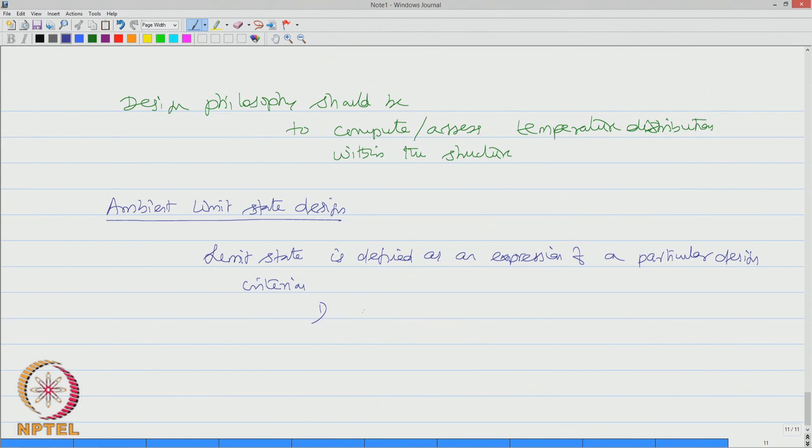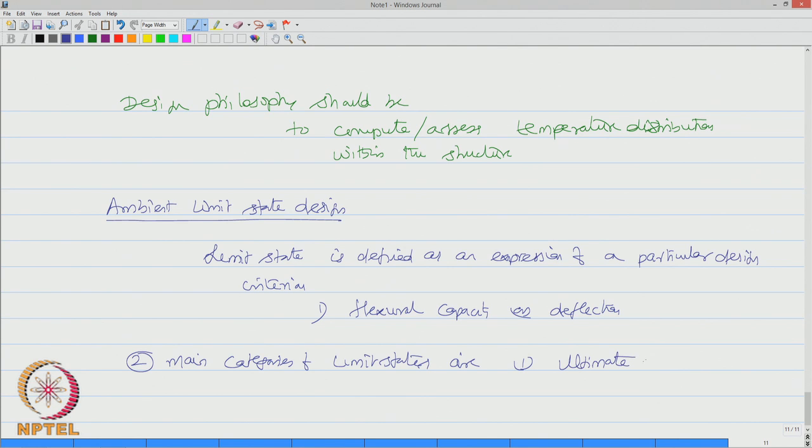For example, it can be flexural capacity or deflection. The two main categories of limit states are: 1, ultimate limit state, 2, serviceability limit state.